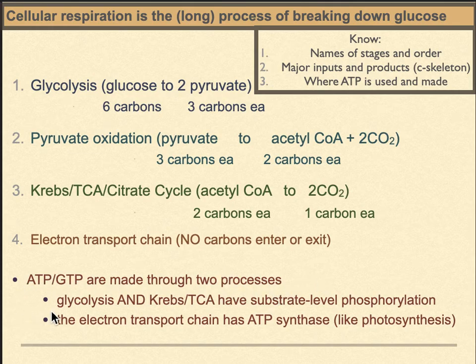One of the processes is substrate level phosphorylation, which happens in glycolysis and the Krebs cycle. This is when a phosphate group gets added to the glucose, or formerly glucose carbon skeleton, and then that phosphate group gets added onto ADP, which produces ATP. And the second process is through the action of ATP synthase, which is an enzyme which adds a phosphate group onto ADP to make ATP.